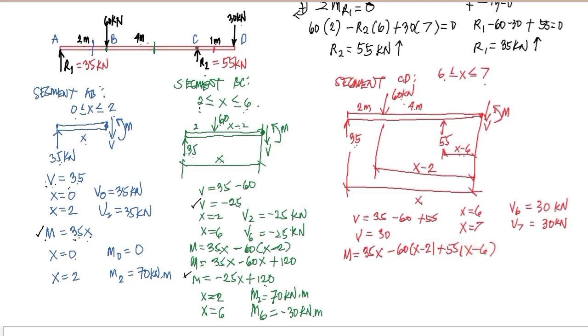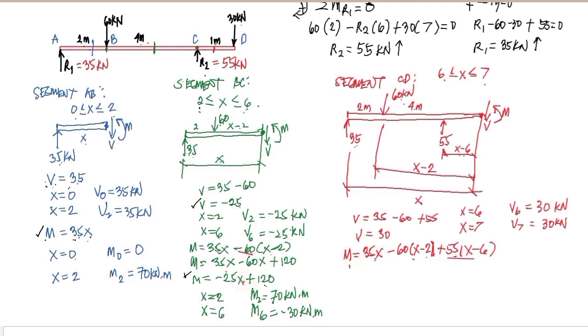So simplifying this, as you can see, pwede kang mag-refer dun sa previous na equation mo. We have here the 35x minus 60 times x minus 2. So, ito na rin yun. Actually, ito lang yung nadagdag sa equation. So, ito ay pwede na natin i-simplify. Kokopyahin na lang natin yung sa previous na equation natin.